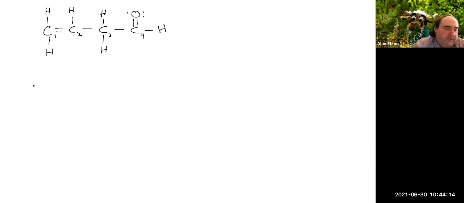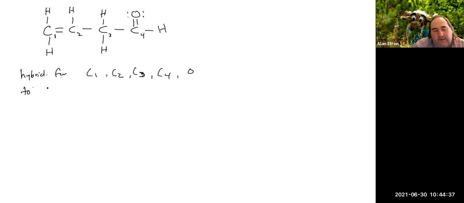What I want you to determine is what is the hybridization for carbon number 1, carbon number 2, carbon number 3, carbon number 4. Let's do the oxygen, why not, on the outside. Let's do the hybridization for all those guys. Let's also figure out the total number of sigma bonds that are present and total number of pi bonds present.